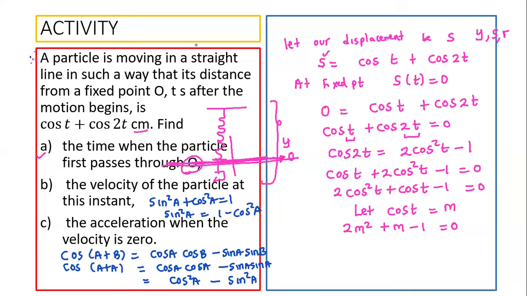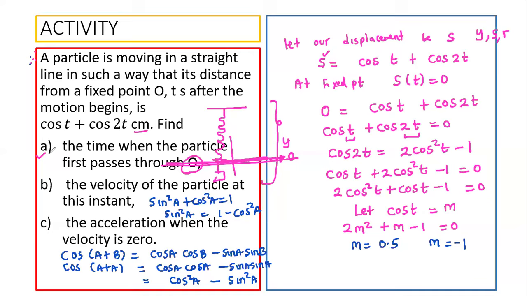Now I'm looking through the chat. From the chat, people are telling me 0.5 and negative 0.5, negative 1. Members, I'm going to agree with everyone. So here I would just say that my m is equal to 0.5 and also my m is equal to negative 1. Now, after getting these values, members, you have not yet obtained the value of t.